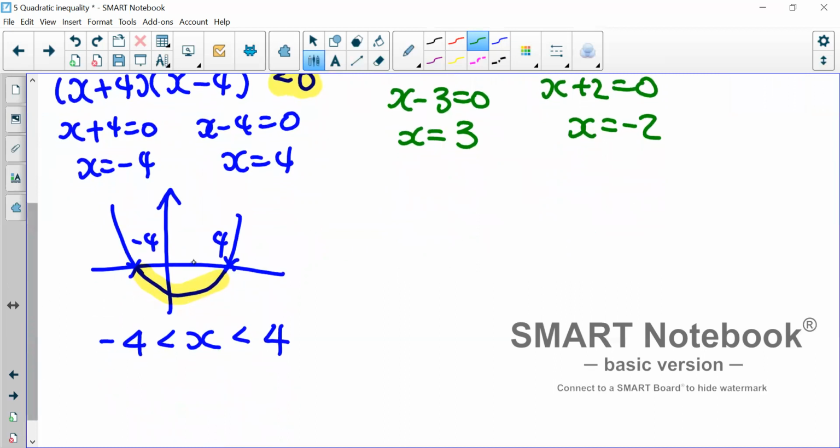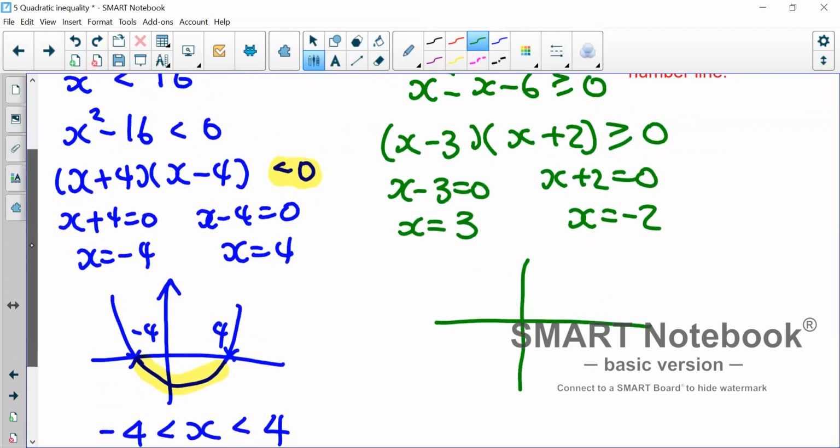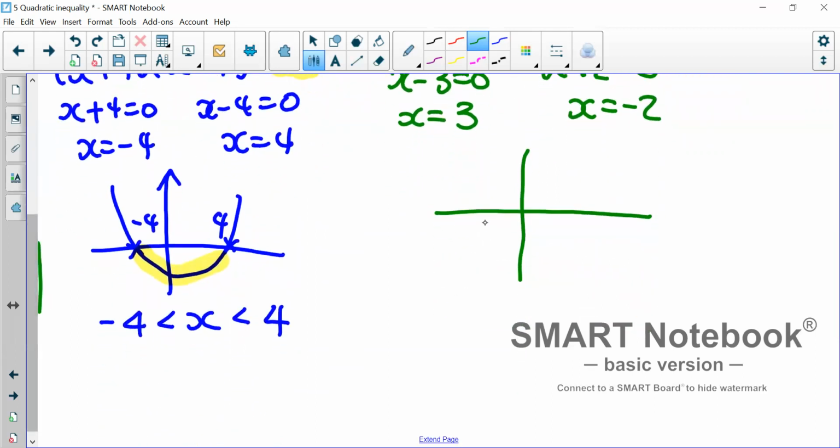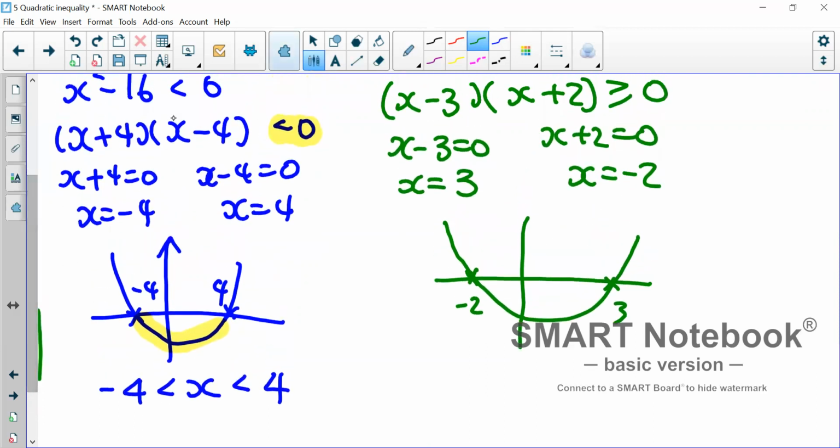So let's put it onto our graph. So here we have a U shape because we have a positive coefficient in front of x squared. So that means my graph cuts at minus 2 and 3, and it will look like that. Okay, now let's highlight the region which we want.